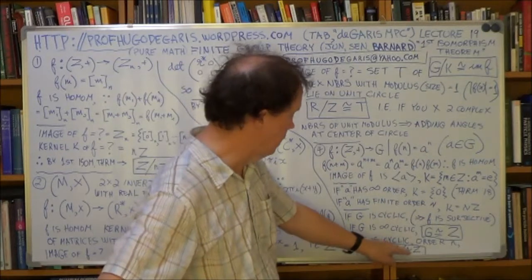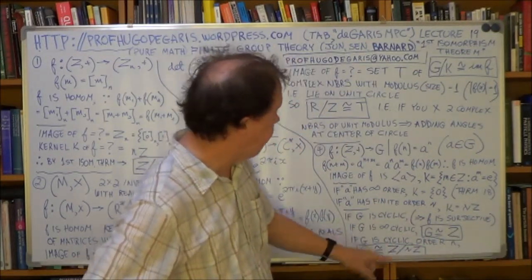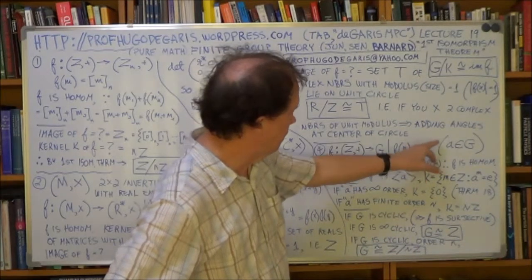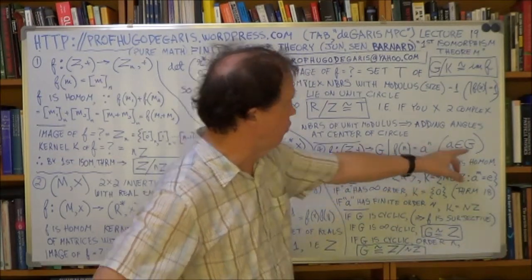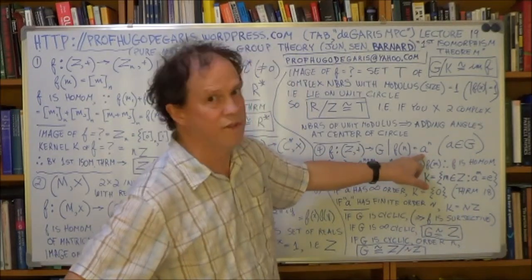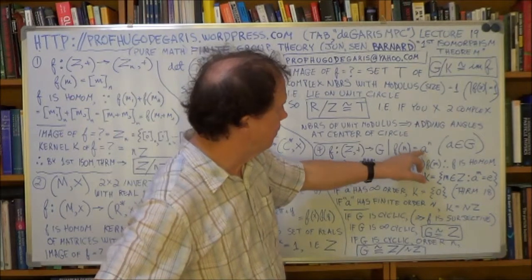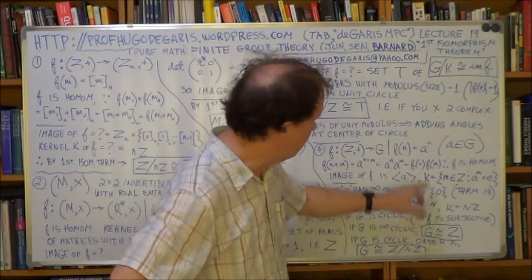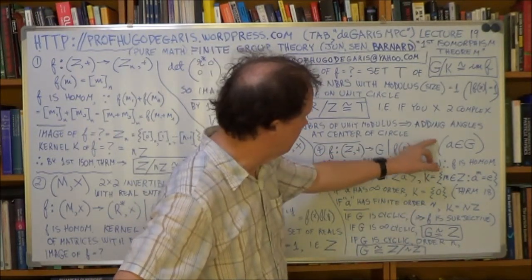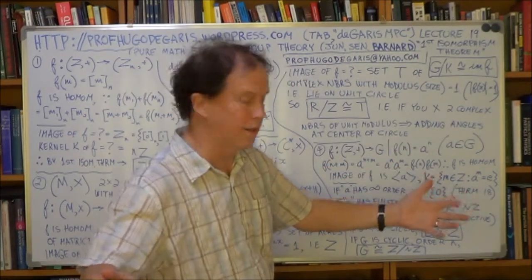Because big N is the order of your group G. So the set of those is just your group, right? Because group G is cyclic, and if little a is the generator, then there are only big N different possible values you can have for this, and those elements are the group.